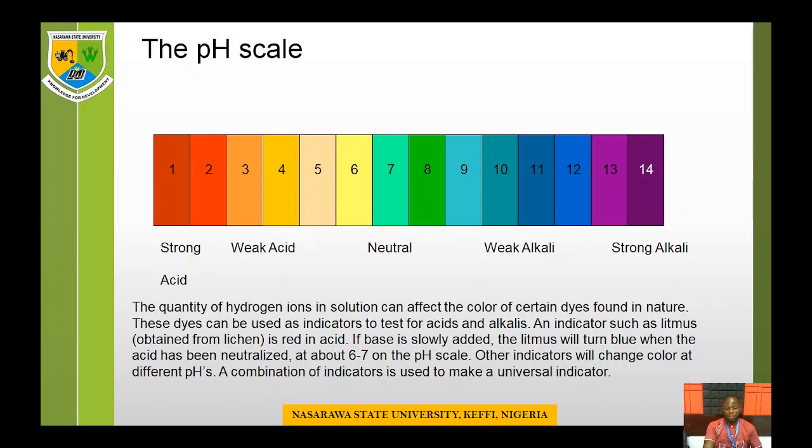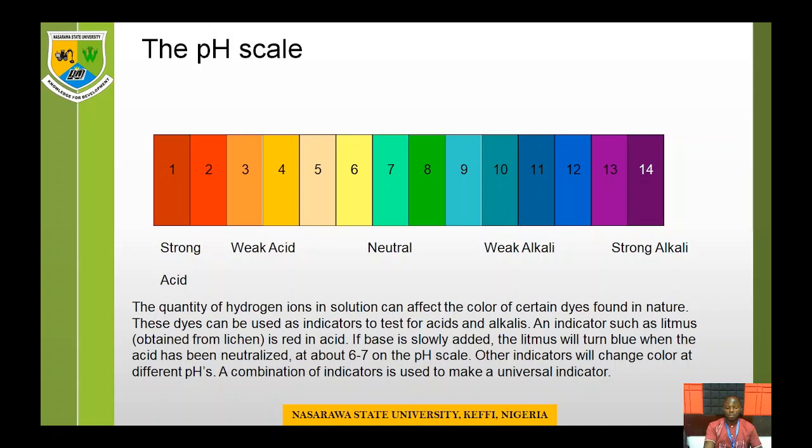The pH scale. The pH scale is a graduated scale ranging from 1 to 14 that explains the level of acidity or alkalinity of a solution. This scale is divided into colors. Colors 1 and 2, which are intensely pink, show a solution that is a strong acid.